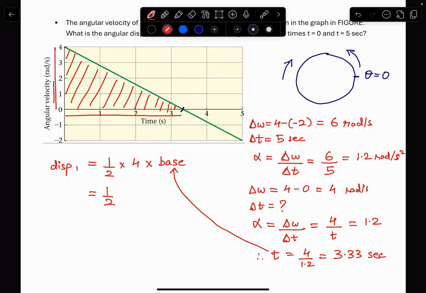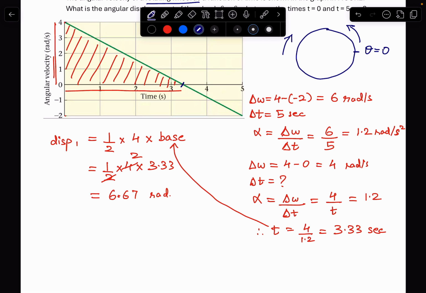So my displacement 1 is equal to half times 4 times 3.33. So this is 6.66 or 6.67 radians. Now let's look at the displacement here. So displacement 2 is equal to, again, half times height by base.